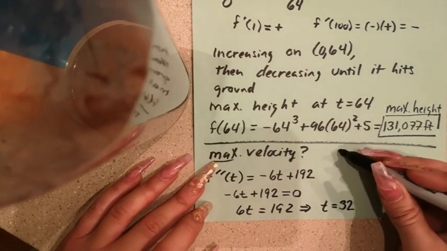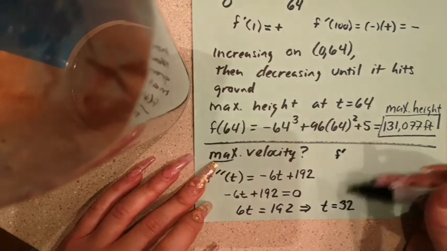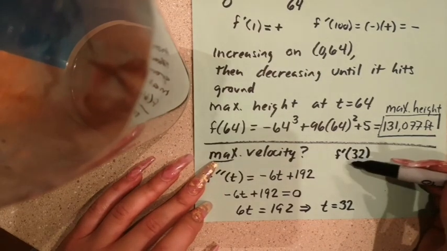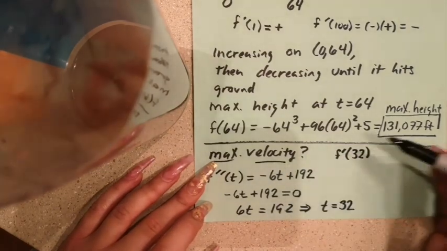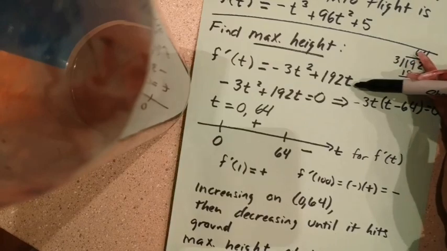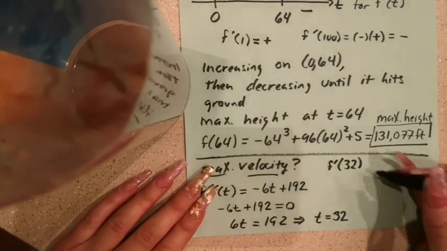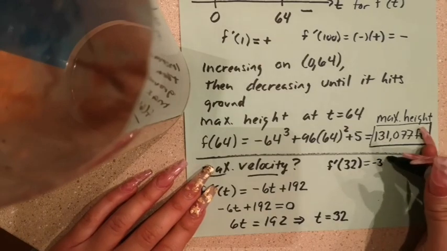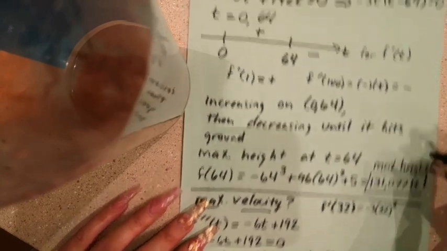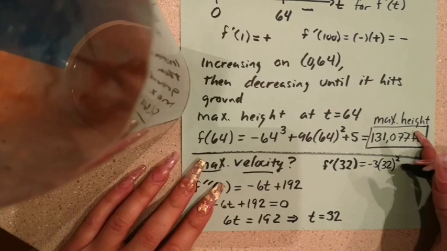So what is the max velocity? Well, that I would have to plug 32 into the first derivative. Remember, the derivative represents the velocity. So if I plug 32 in my first derivative, so that would be negative 3 times 32 squared, and then plus 192 times 32.